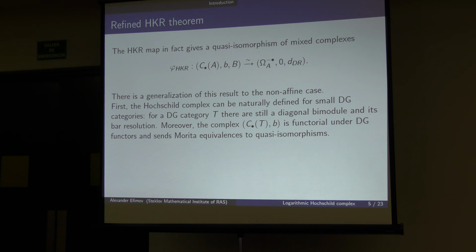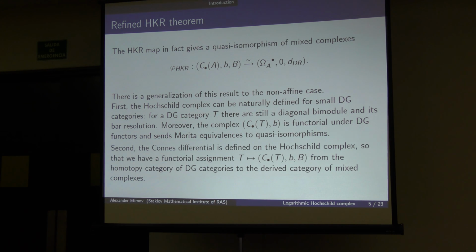And it also respects Morita equivalences, so it sends Morita equivalences to quasi-isomorphisms. In particular, you can pick two different generators in a DG category, and the Hochschild mixed complexes will be canonically quasi-isomorphic. I didn't say that, but of course, the Connes differential is defined by the same formula for any DG category.